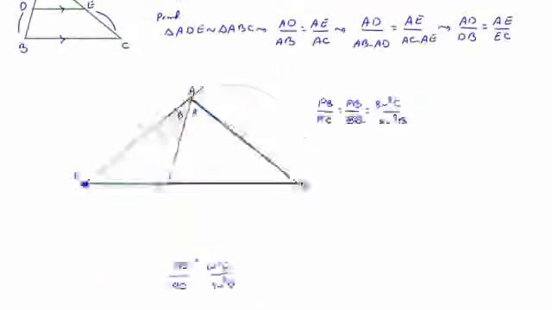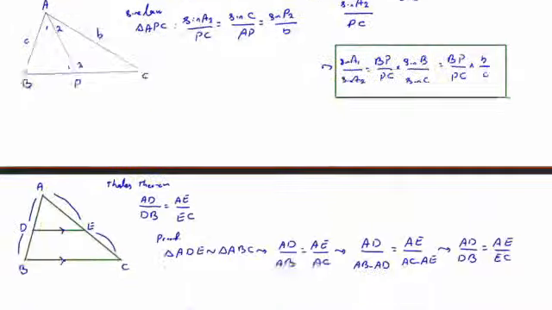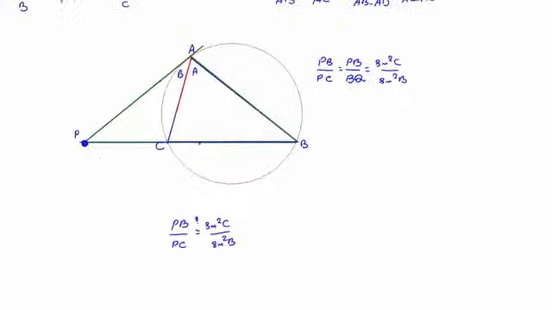I want to use the ratio lemma, okay? A1, A2. We said sine A1 over sine A2 is BP over PC times sine B over sine C, or B over C. I want to use this ratio lemma, but P is outside. Here P is inside BC, here P is outside. So if I use the ratio lemma, I say okay, P is outside, so this angle over this angle is our A1, our A2.